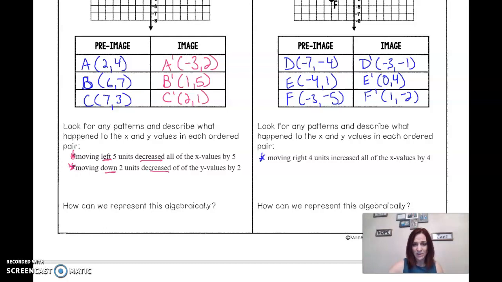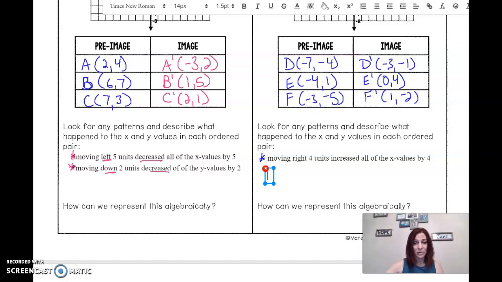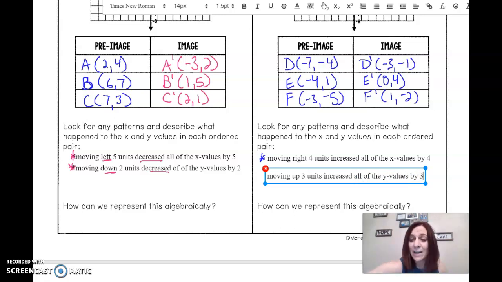Okay. And then our second one, notice our y values. I went from -4 to -1, from 1 to 4. I'm increasing them by 3. So I'm going to say, or try to say at least, moving up 3 units increased all of the y values by 3. Not a coincidence, right? That's what we kind of expect.